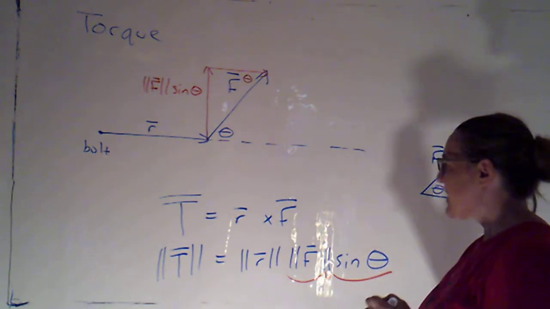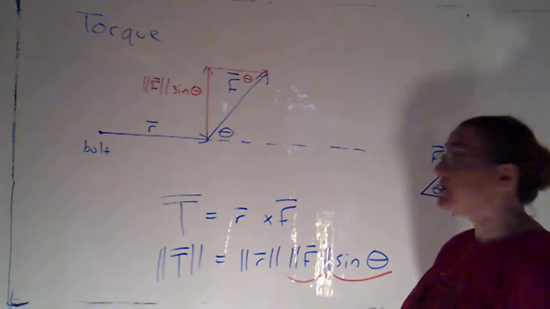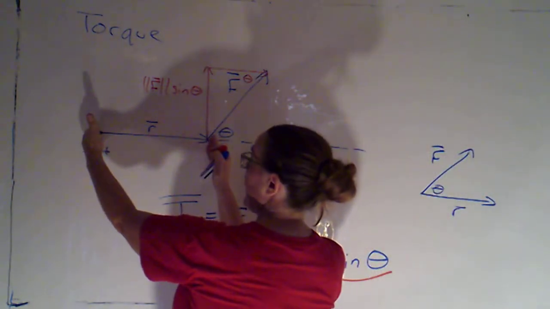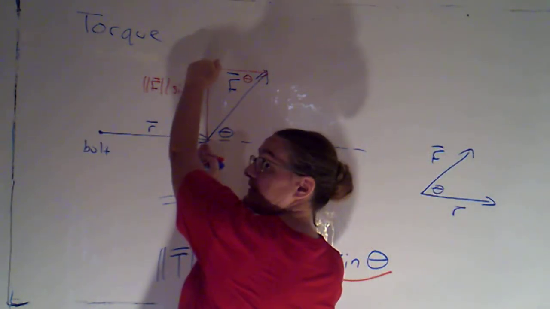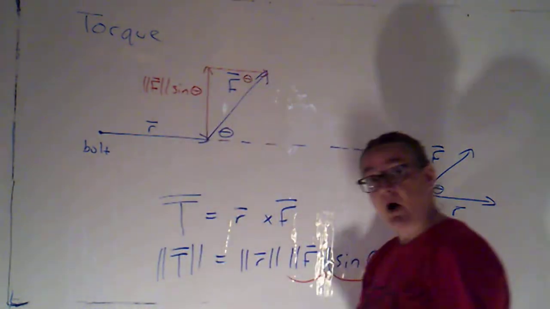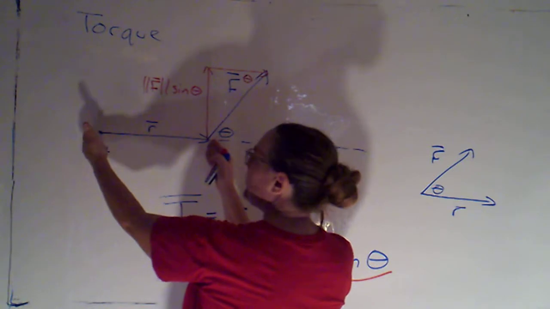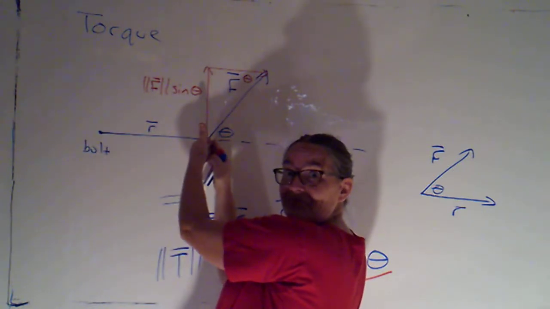So this right here, the magnitude of F sine theta, that's the magnitude of the component of force that's contributing to the torque. So what we have is that the magnitude of the torque is the product of this magnitude and this magnitude: the magnitude of the component of force that's contributing to the rotation, and then what I'm going to call the length of the lever arm.